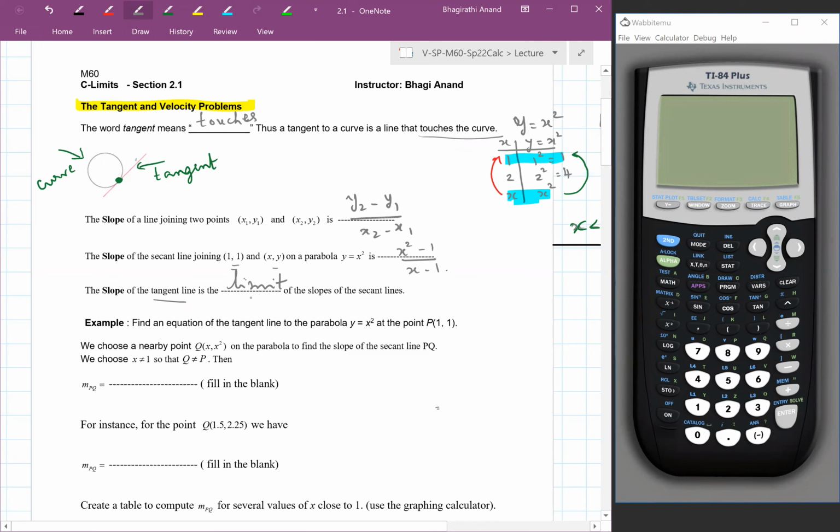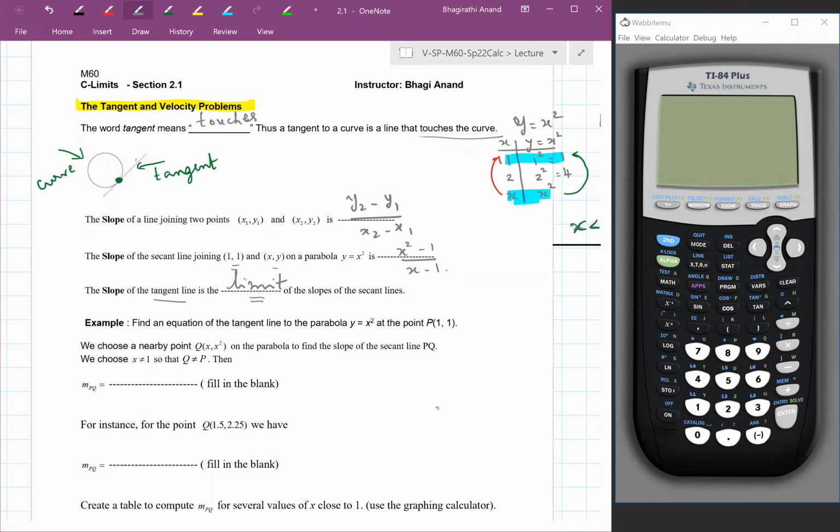So what we mean by this limit is that whenever we find the slope of a line, we need 2 points. But the tangent line, being tangent, touches the curve only at 1 point. So we have only 1 point on the tangent line. So what we do is, because after all the tangent is touching the curve, we take many points to the right side of the point at which the tangent is drawn, and each time we find the slope of the secant line.